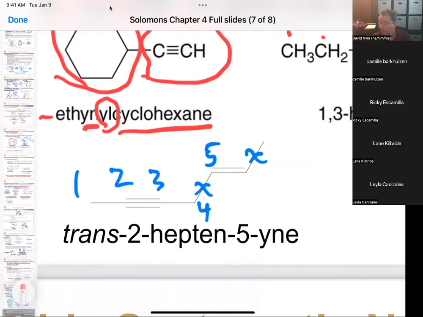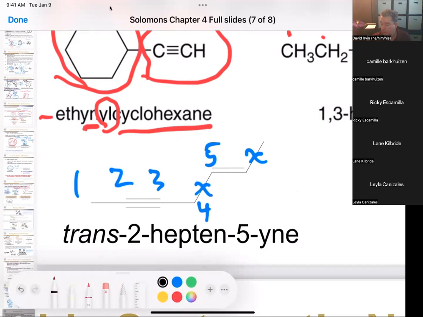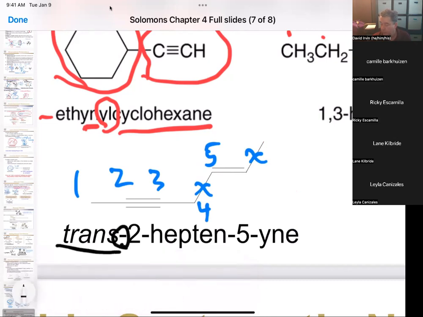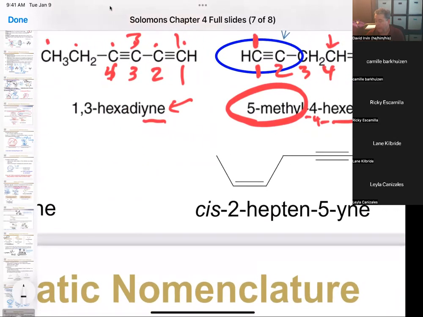So if we build our whole name up, we're going to have trans-2... That's not right. This has to be 5-heptene-2-yne. So it's backwards because we have to label from the yne first.